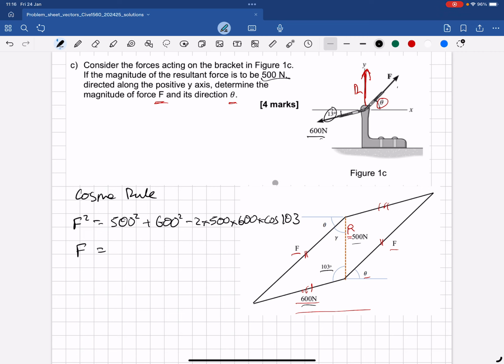And that turns out to be F is equal to 863.1 newtons.